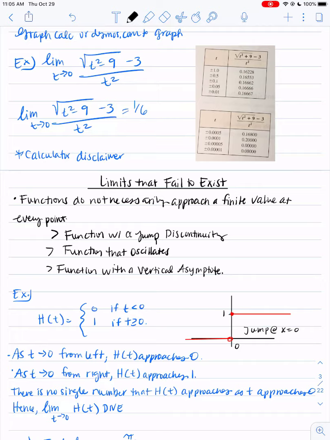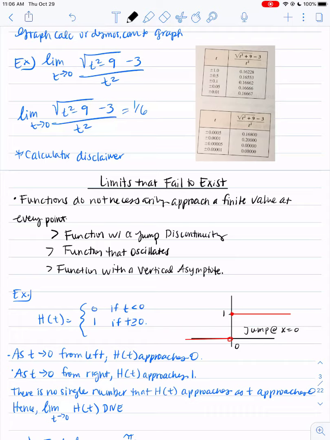And so I make my table of values, and I could see here that if I'm doing values like plus or minus 1, plus or minus 0.5, plus or minus 0.1, plus or minus 0.05, because I'm doing values on both sides of the 0, basically. So values that are greater than 0, and then values that are less than 0. And I'm getting about 0.16 on each side.